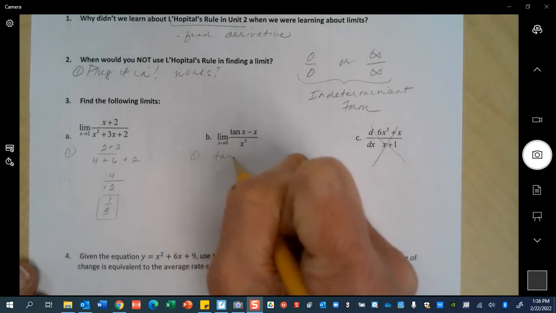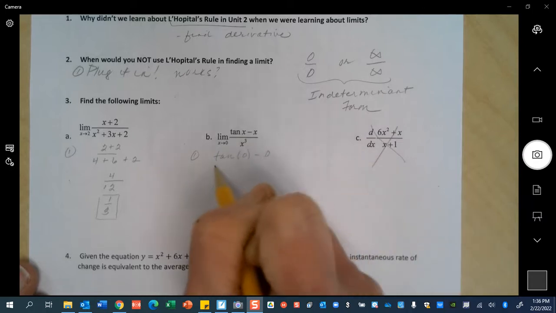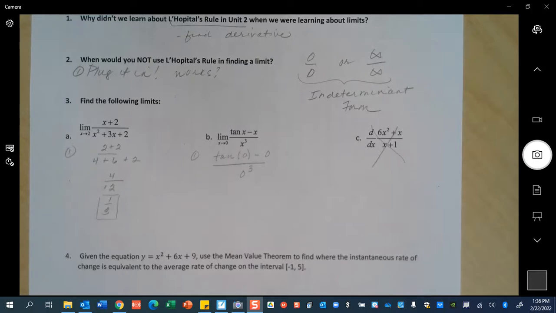I want the tangent of 0 minus 0 all over 0 cubed. So Caitlin is going to point to where 0 is on our unit circle. And she's going to point above it, and you can see your cosine and sine is 1, 0. So my tangent is my sine over my cosine, right?